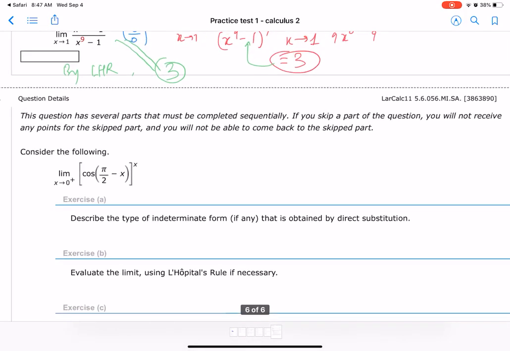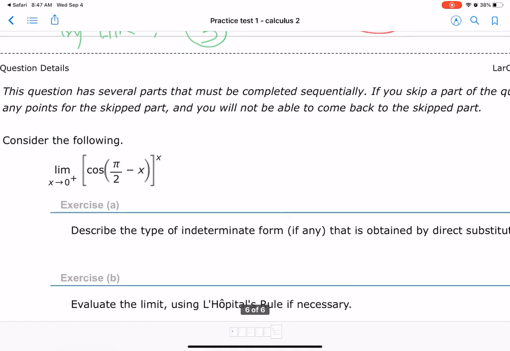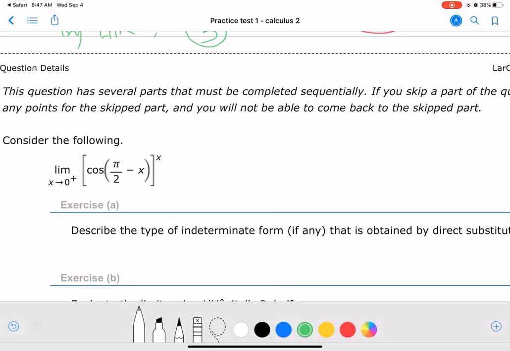Okay, the last problem is also about L'Hopital's rule. I will give you a hint how to solve this. But before that, let's do some analysis. Cosine of pi over 2 minus x is just sine x, right?